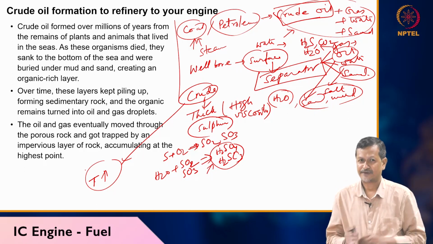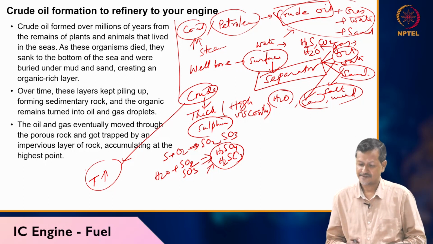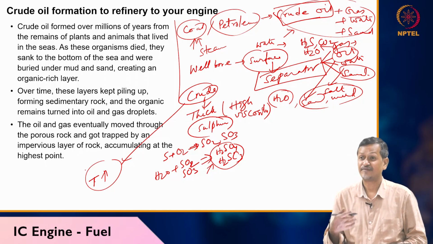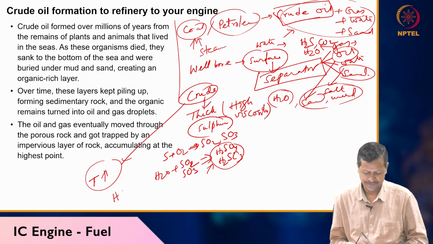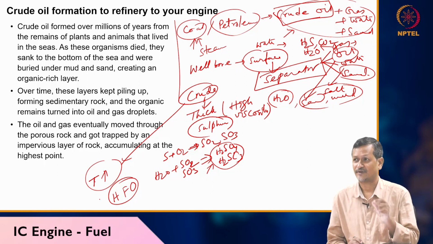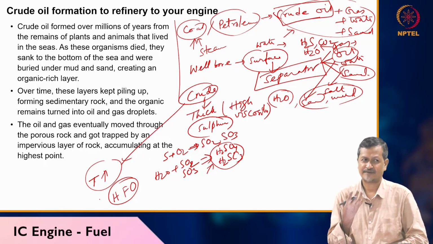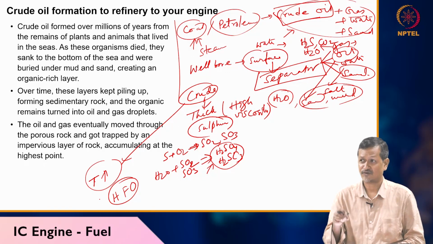Normal petrol or diesel is highly purified or refined fluid for the IC engine you are running, for your bus, truck, bike, car. But this crude is called heavy fuel oil, HFO. Heavy fuel oil has more viscosity, and many agencies say it is very harmful, because it is very thick and some sulfur content and other content will be there.